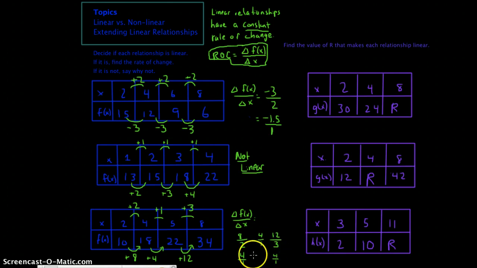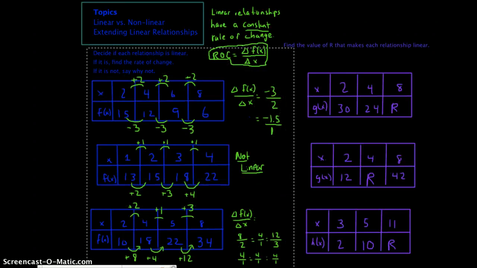So clearly these rates of change are all equal, okay? So the relationship has to be linear. All right, so we should be able to look at a table and decide if that relationship is linear pretty easily. Let me clear all this out to give us space to work for the second part here.